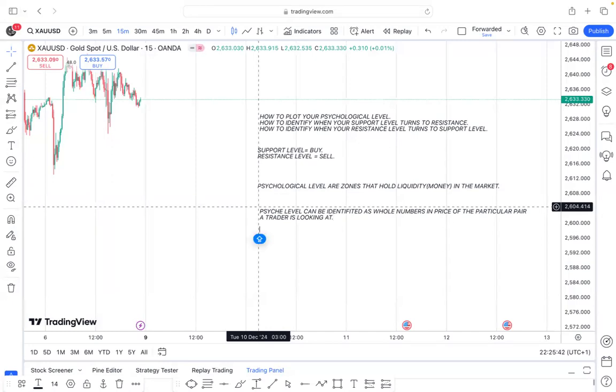Meaning that these psychological levels can be identified as whole numbers on your charts. Whatever pair you're trading, you have to sum up the price to a whole number to identify it.